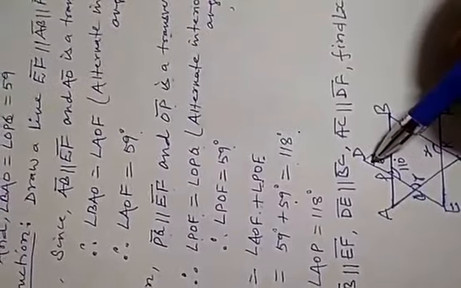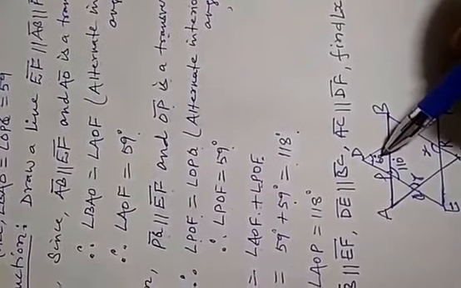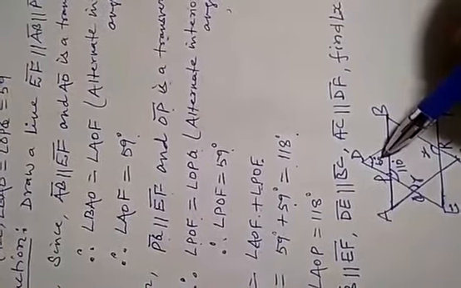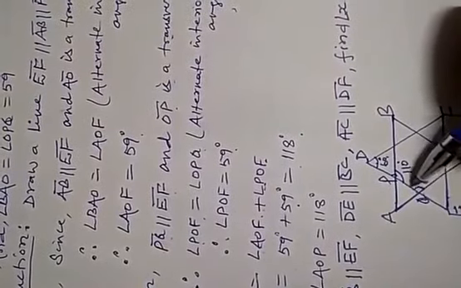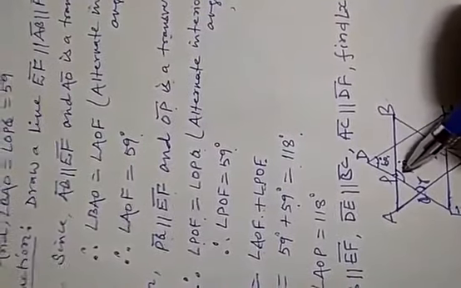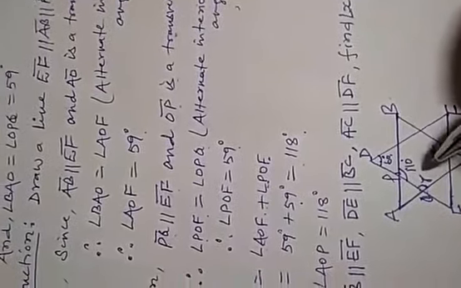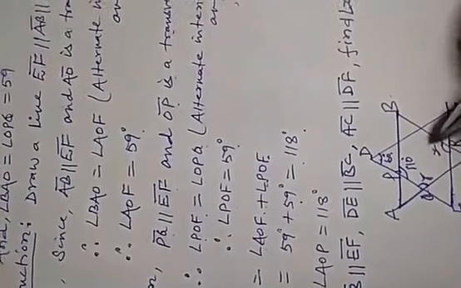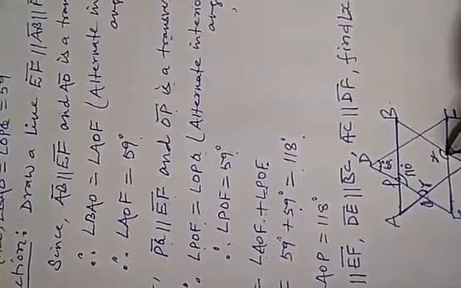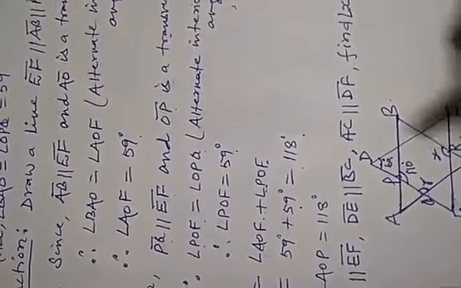Angle D is equal to 60 degrees, given. Angle QPB is equal to 110 degrees according to the question. We have to find angle Y and angle X. Clear?